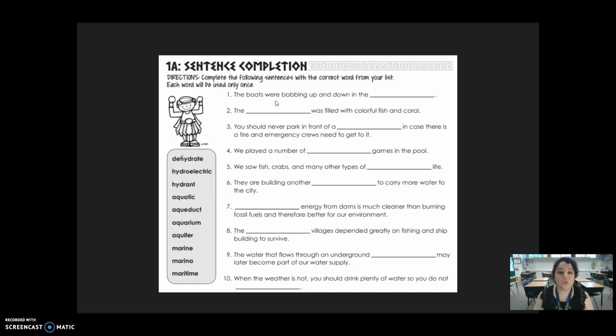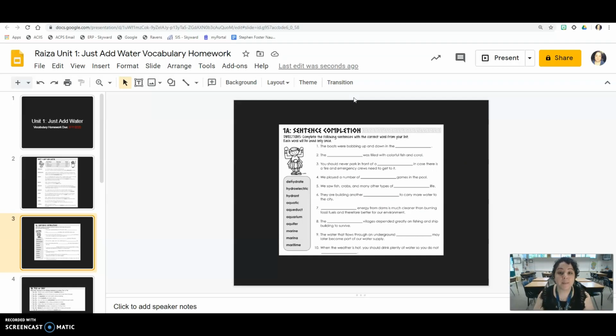Then the next thing that they should work on is sentence completion. They're using words from a list to fit them correctly into the sentences. In order to do this, you must escape from present mode and you must insert a text box. So here's where I'm going to create a box where I'm going to write my answer in.